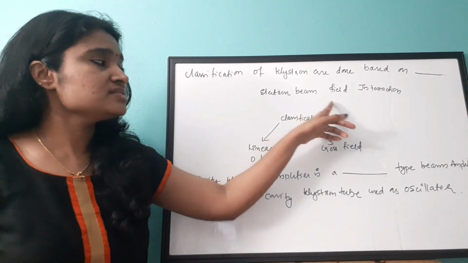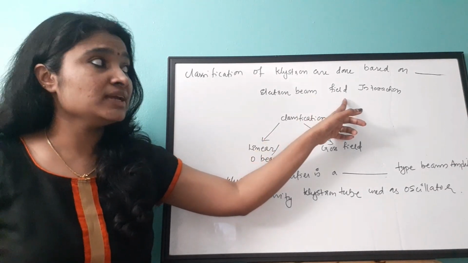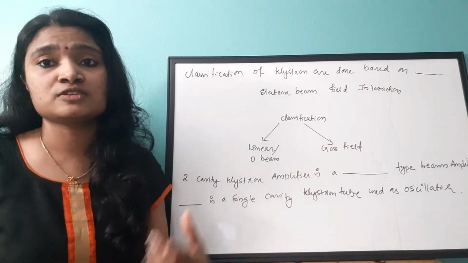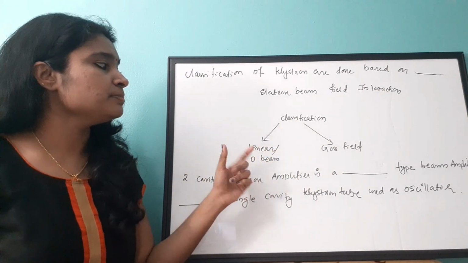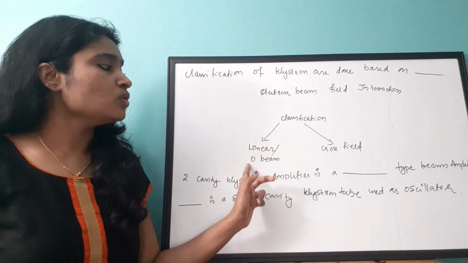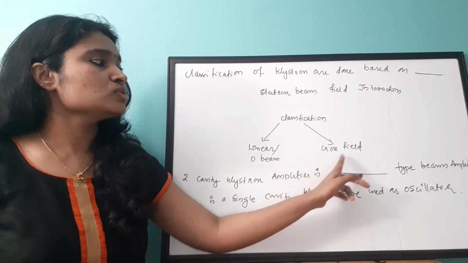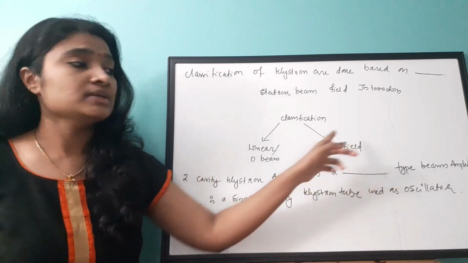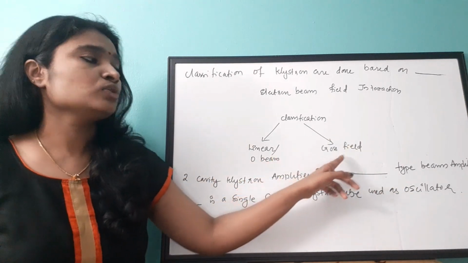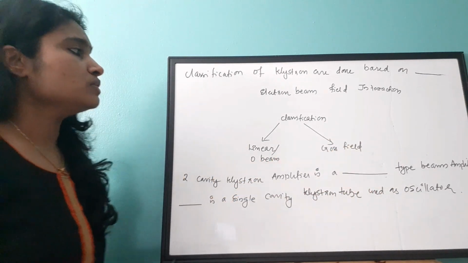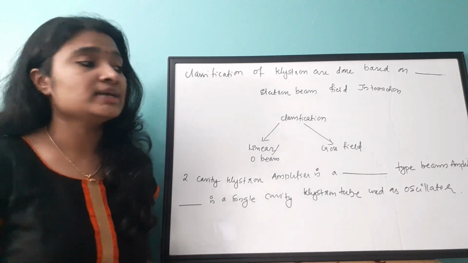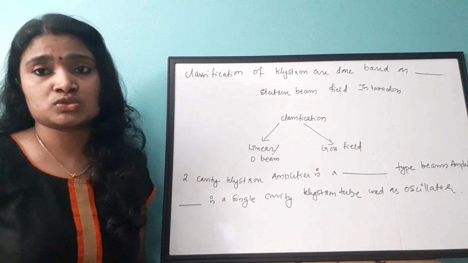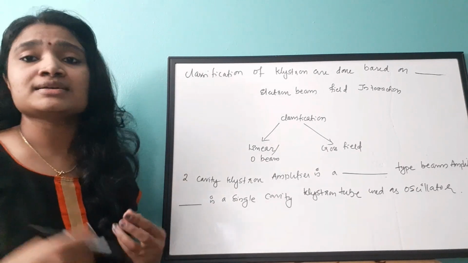So, based on this electron beam and field interaction, we can classify the klystron, and the classification is like this: linear beam or O beam klystron and cross field klystrons. That is, linear field or cross field. Okay. So, the klystron which we have discussed today is actually a linear beam klystron.